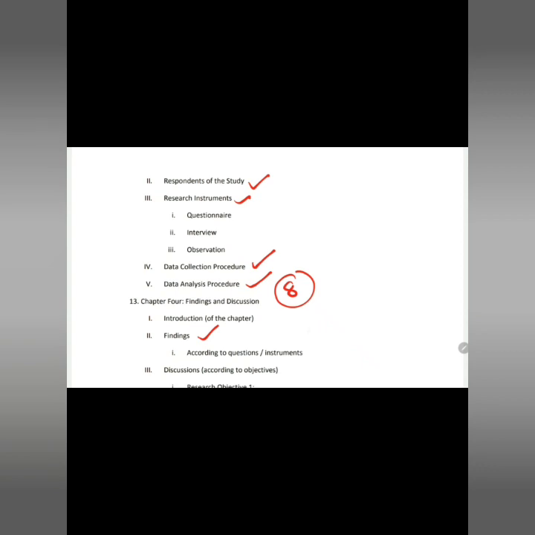Go straight to your findings and then explain your findings. If you have 10 questions, I expect to see at least 10 paragraphs and 10 graphics or explanations, depending on the types of data.